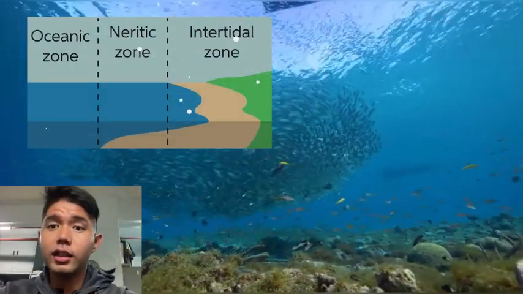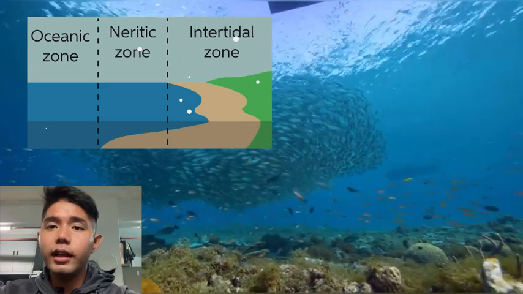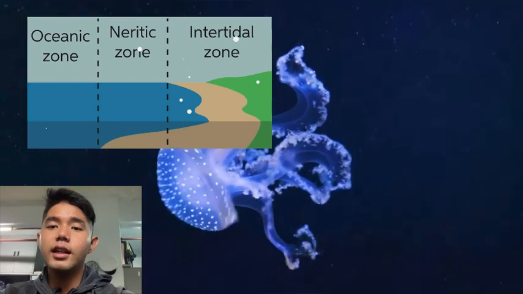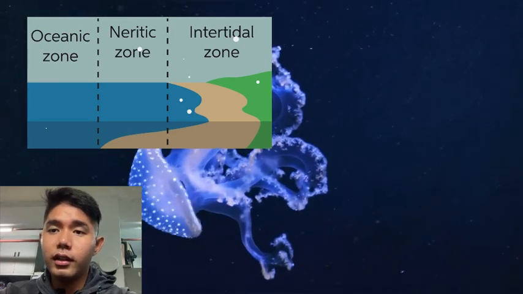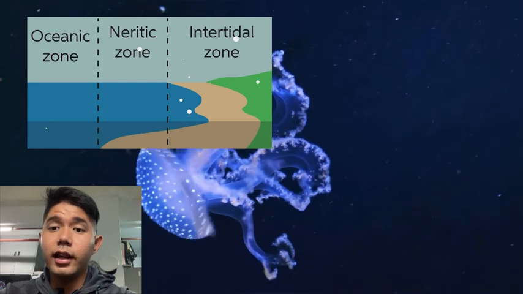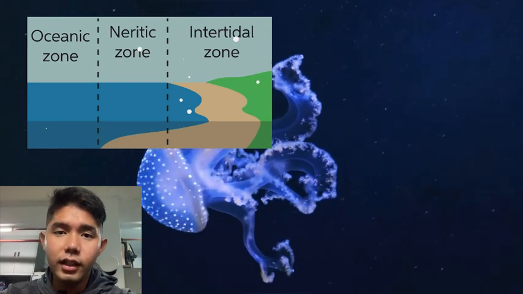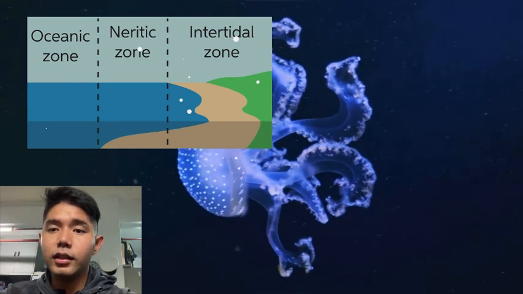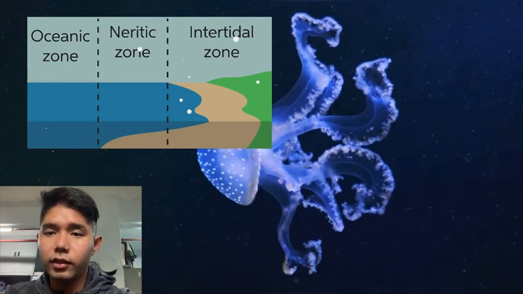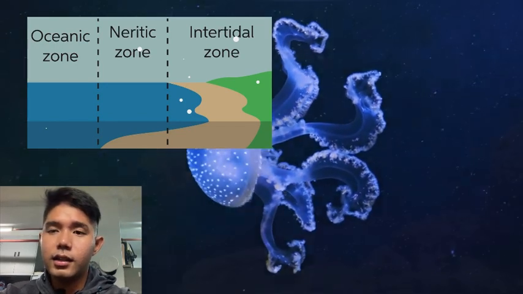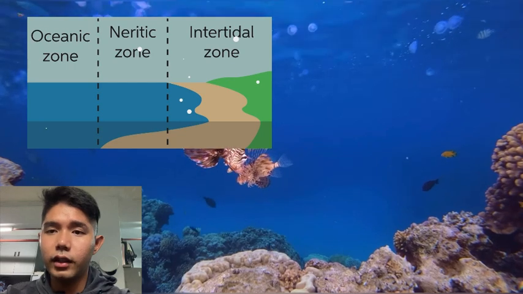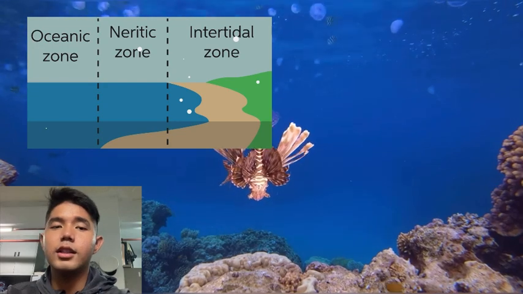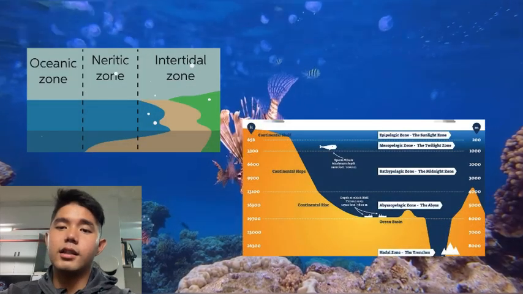Okay, the oceanic zone is typically defined as the area of the ocean lying beyond the continental shelf, that is the neritic zone, but operationally is often referred to as beginning where the water depth drops to below 200 meters, that is 660 feet, seaward from the coast into the open ocean with its pelagic zones.